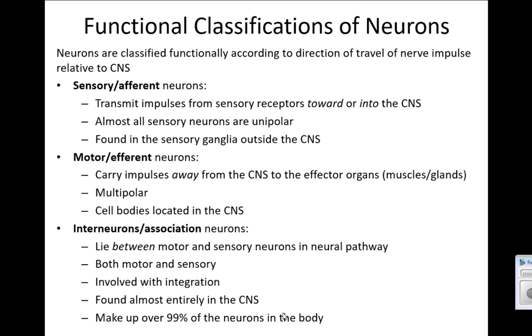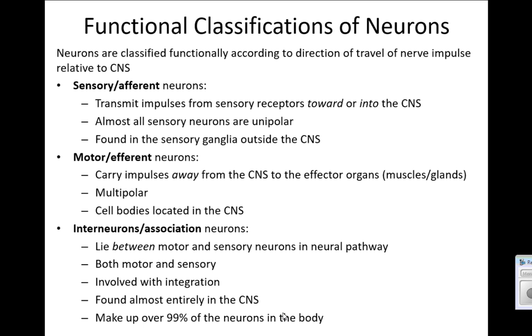The sensory function was performed by sensory or afferent neurons. The integrative function was performed by interneurons or association neurons. The motor function was performed by motor neurons or efferent neurons. It all relates to the direction of travel, travel of the nerve impulse, that is.